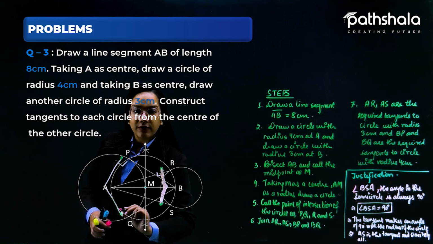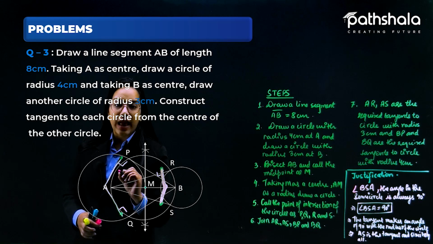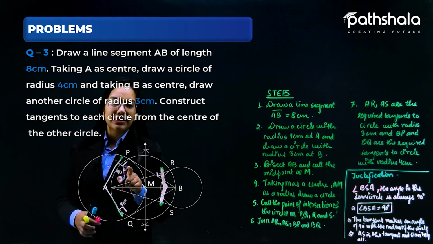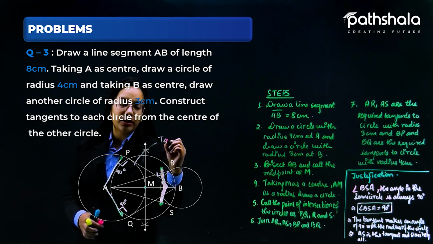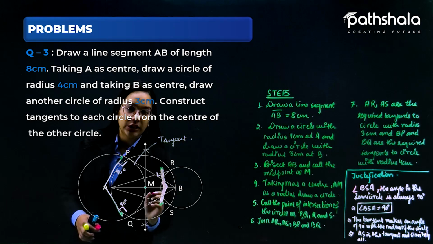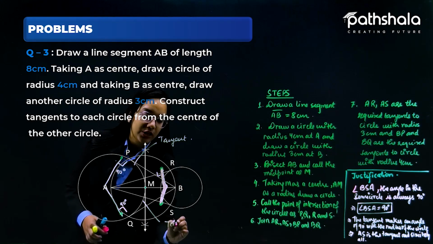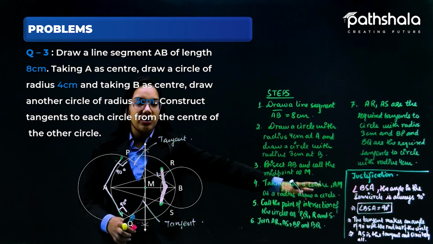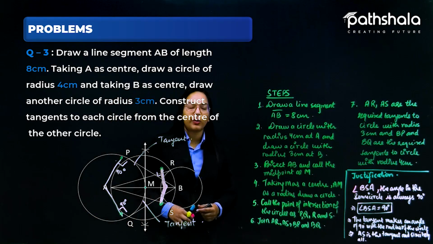So this would be 90 degree, this would be 90 degree, and hence this PB is the tangent, and further this QB is again a tangent. So all of these are tangents using the same justification that I have given for the AS. So this is all about question number 3.